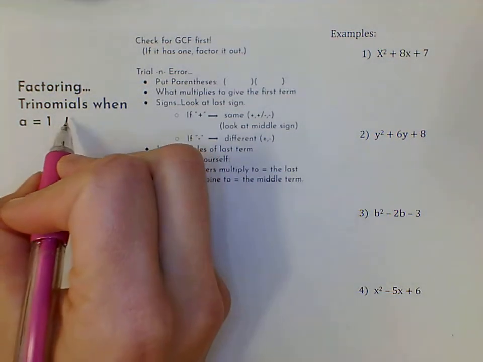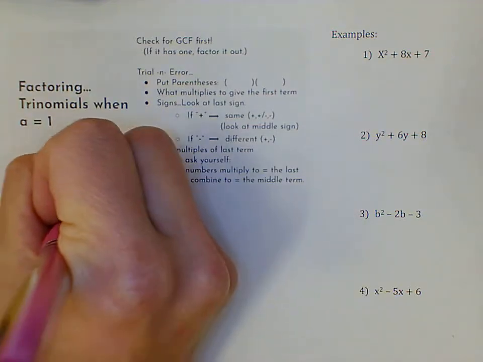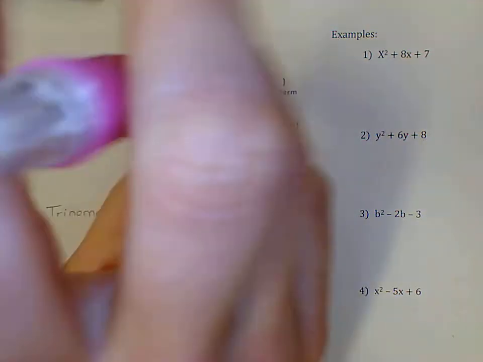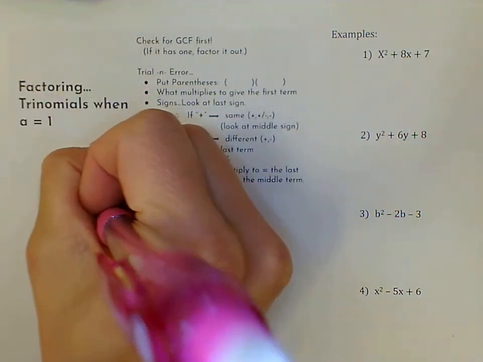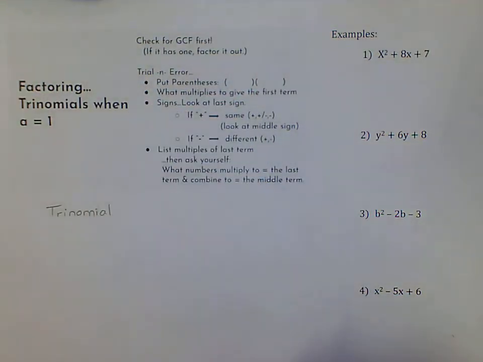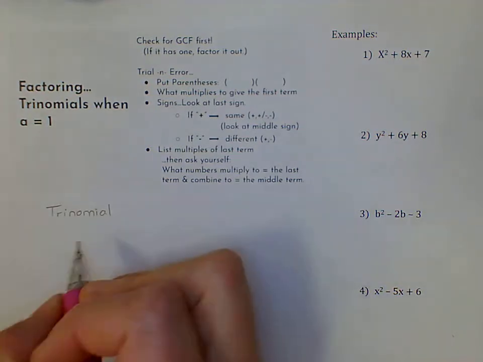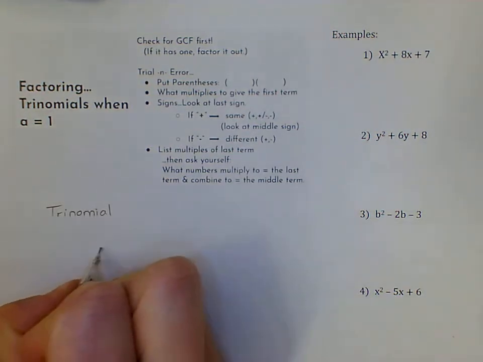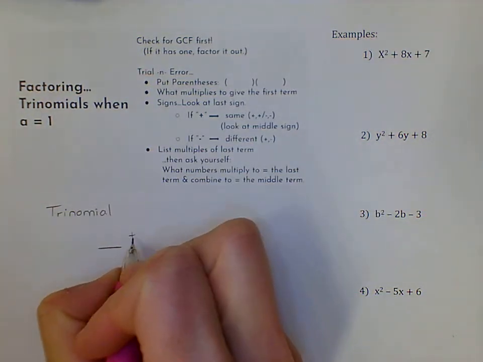So first of all, a trinomial is when you have an expression that has 3 terms. So tri, remember, means 3. So a trinomial is going to have 3 terms to it. And remember, the terms are separated by your plus and minus signs. So a trinomial will have a number and a variable, and then it's going to have a plus or a minus sign.